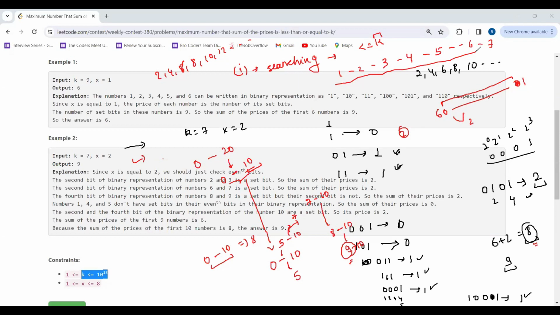After knowing that this range is a sorted range, what can we do? We can do binary search, right? Is that clear? Clear. Okay.